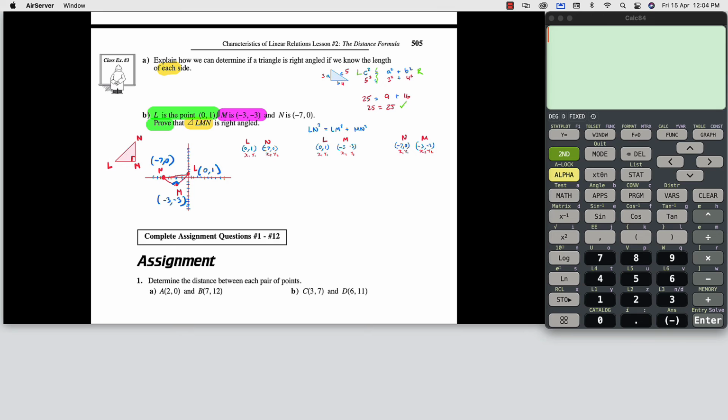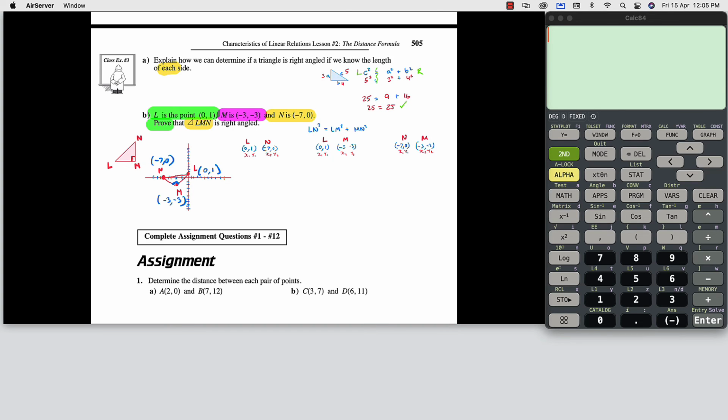Okay, let's take a look at question B, and I did a little bit of setup here just to speed the process up. So basically we've got 3 points, L, M, and N, and they give us the coordinates to those points. And I just drew a Cartesian coordinate system right here and labeled the points.